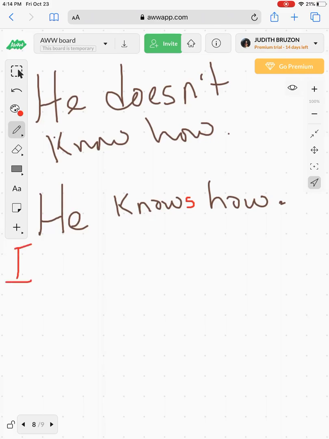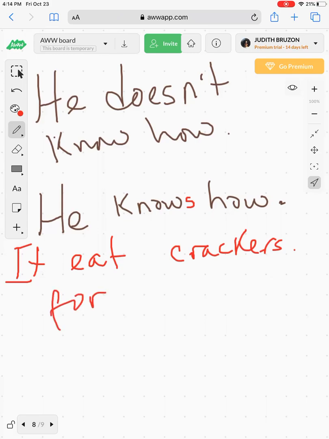So, I have this other example: it eat crackers for dinner. Okay, so what is wrong with my verb again? Okay, yes, my verb is missing the S. It eats crackers for dinner. That's right.